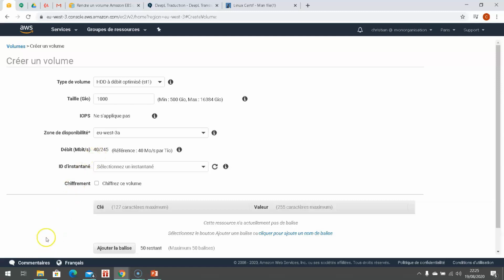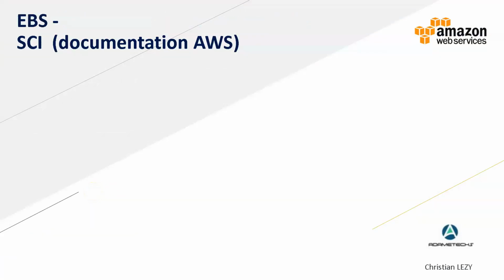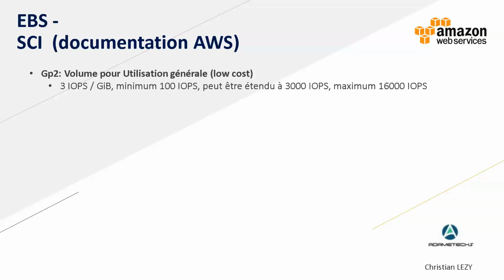We will do a quick summary of everything we have seen in this section. The important thing to remember about our EBS volumes is that we have GP2 volumes, which are for general use and are very low cost. There is a ratio of 3 input and output operations per second per gigabyte, with a minimum of 100 IOPS.